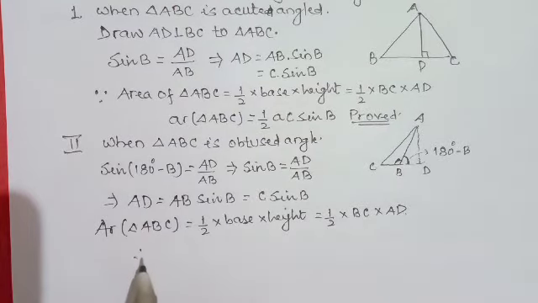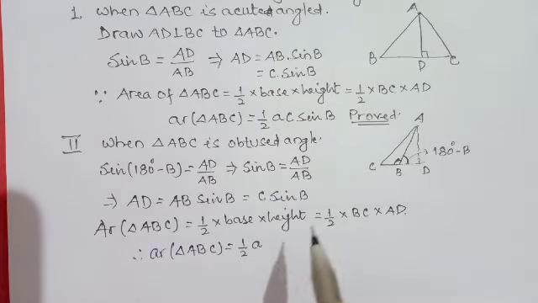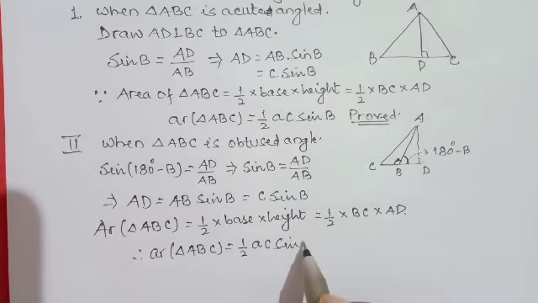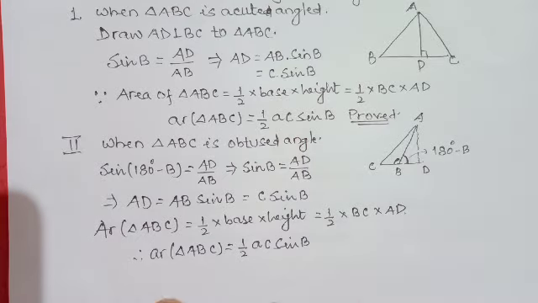So area of triangle ABC is equal to half, BC is a and AD you have just calculated, c sin B. Again, if we rotate the names, we will get the other results. So prove one of them and similarly we can prove the rest.